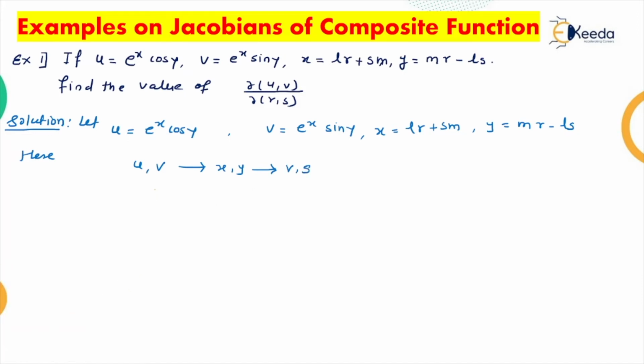So u and v are functions of x and y; u is a function of x and x is a function of r. Also u is a function of y and y is a function of s. Similarly, v is a function of x and x is a function of r, and v is a function of y and y is a function of s.